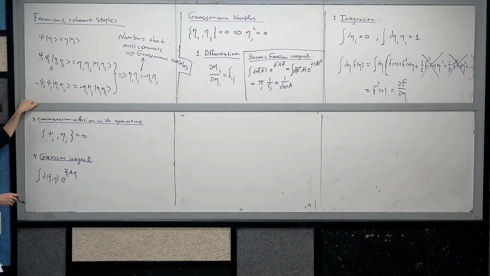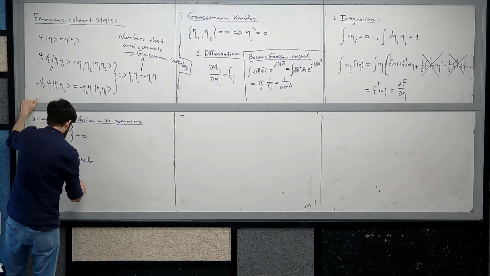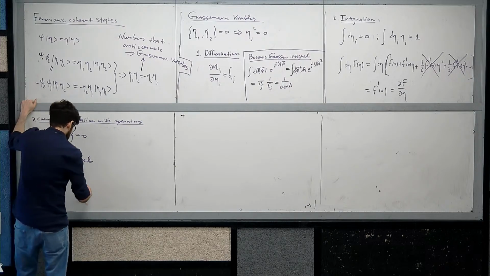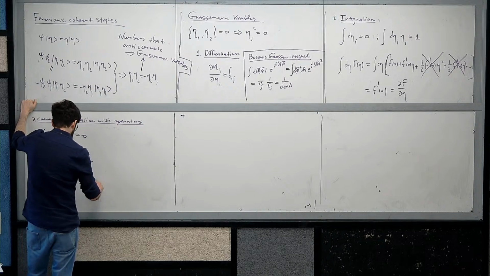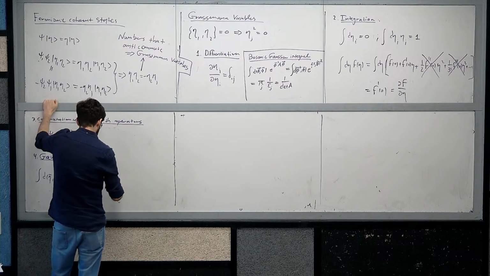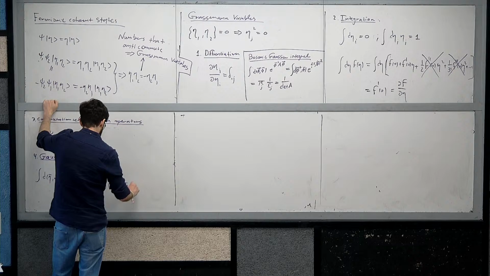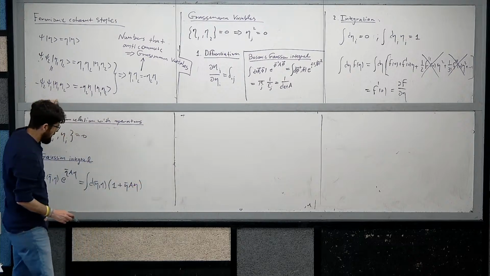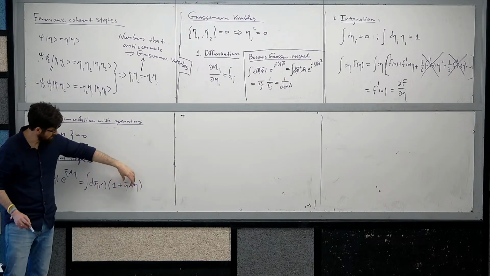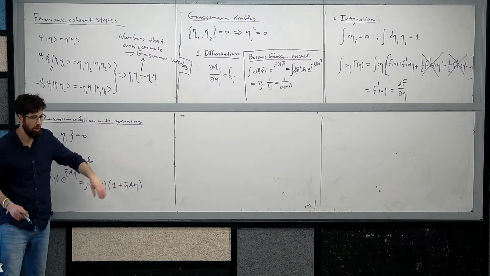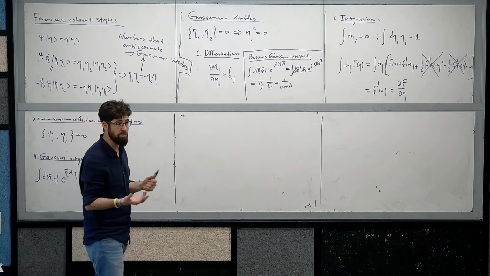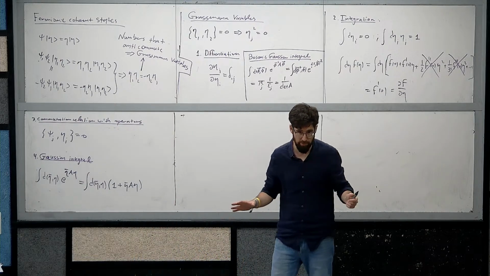Now in this case, it's much simpler because we can just expand. So we write the d eta bar d eta, and then we have something like 1 plus eta bar A eta. And now again we can perform the same. These Grassmann variables also allow us to make linear transformations, completely fine.